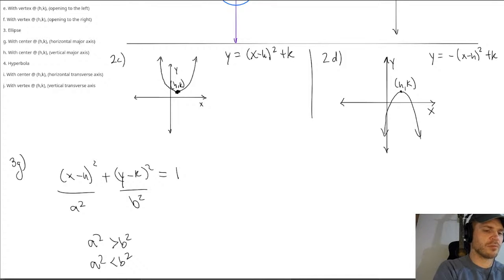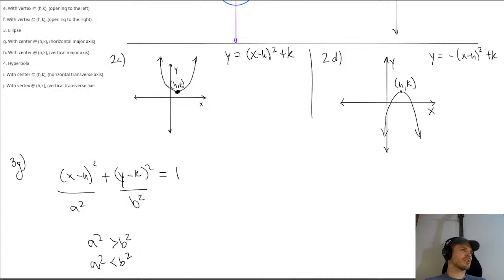So we'll do (x minus h) squared plus (y minus k) squared equals 1, and this whole thing gets divided by b squared, and this whole thing gets divided by a squared.